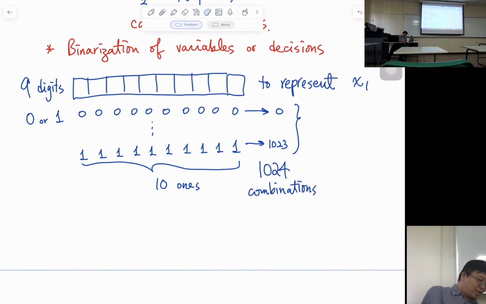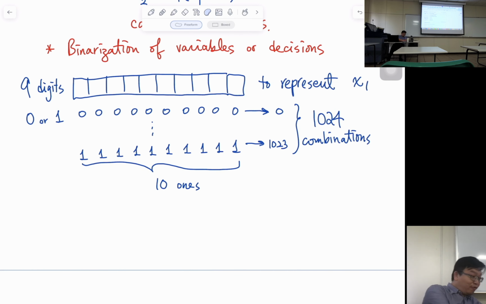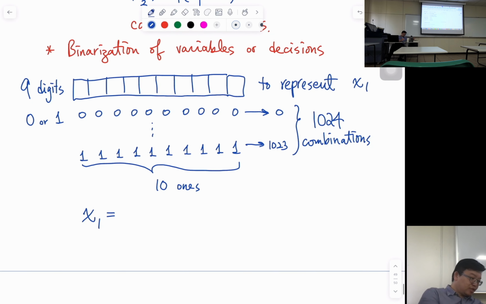So totally I have 1024 combinations. So for the value, how do I use this binary code to represent the value for x? So your x is going to be, because it's ranging from 0 to 100... Did I make a mistake? No. Sorry.